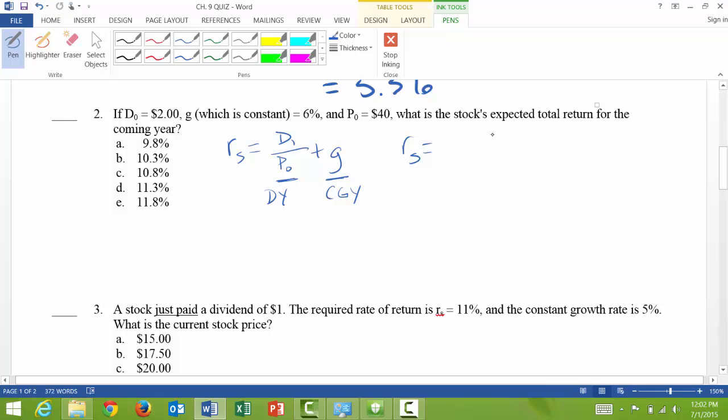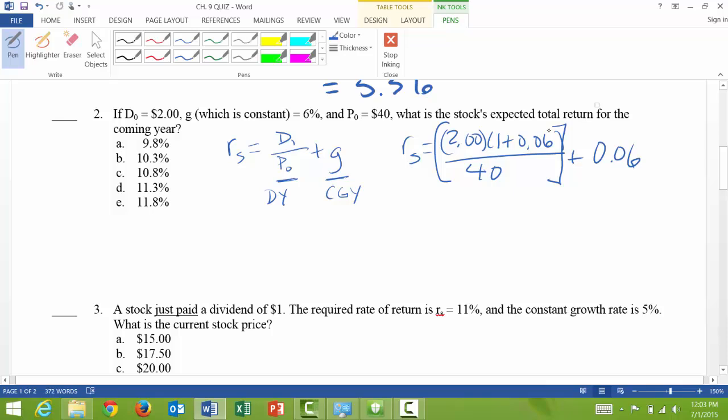Since we don't have D1, we have to use the equation D0 times 1 plus g. So $2 times 1 plus 0.06 over the price of $40, and then plus the growth rate of 6%. And I'll put some brackets here so that you know that you have to do this operation first.